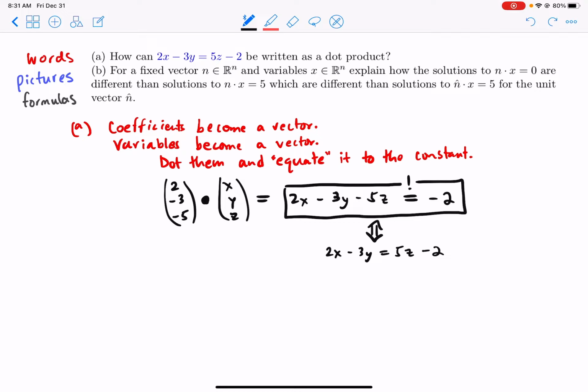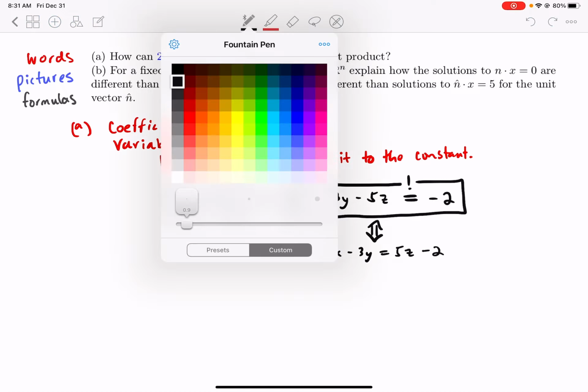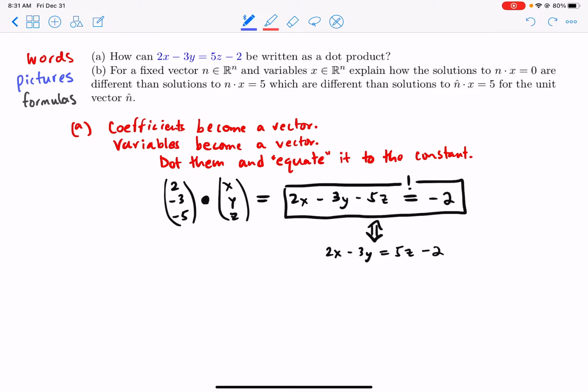And I'll hold off on a picture until part B, which will be full of pictures. But, okay, no, I'm not going to hold off. So somewhere is (2, -3, -5). This is just my cartoon, so I'm just going to draw this vector. Here's 0. Let's say we are in three-dimensional space, then 0 is one of the entire plane of solutions that solve this vector equals 0.